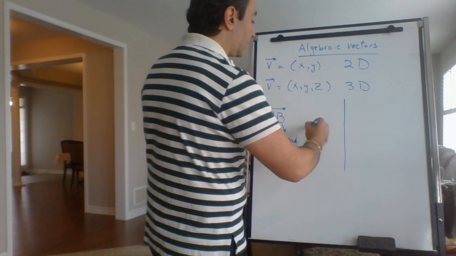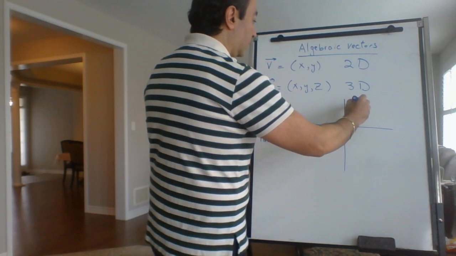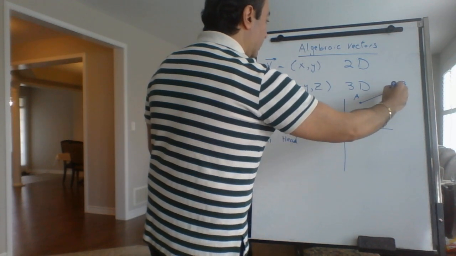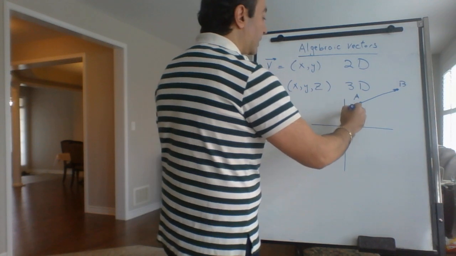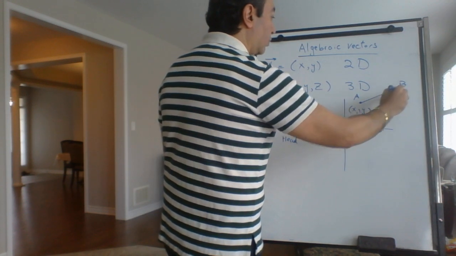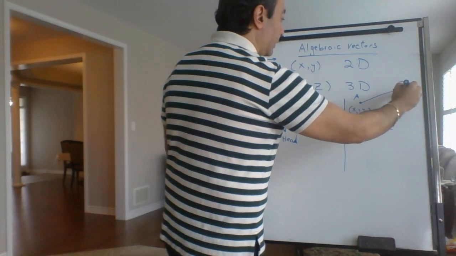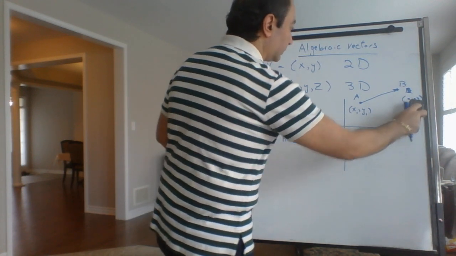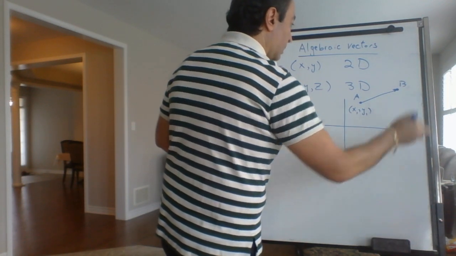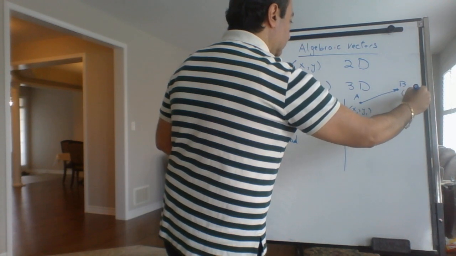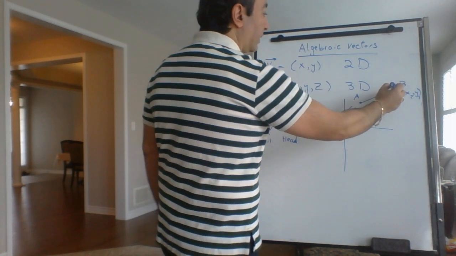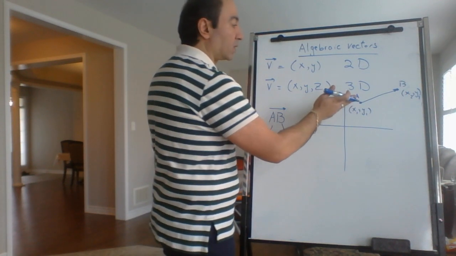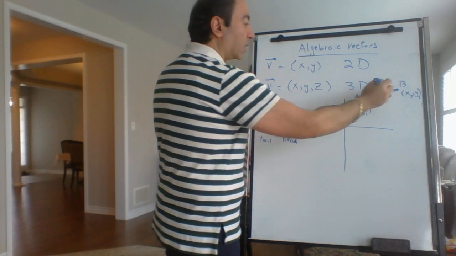This is the tail A, and this is the head B. Let us say the coordinates of A are x1, y1, and the coordinates of B are x2, y2. We can get the length, the magnitude of this vector.